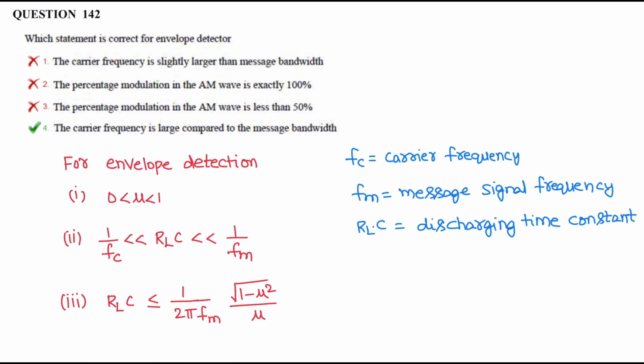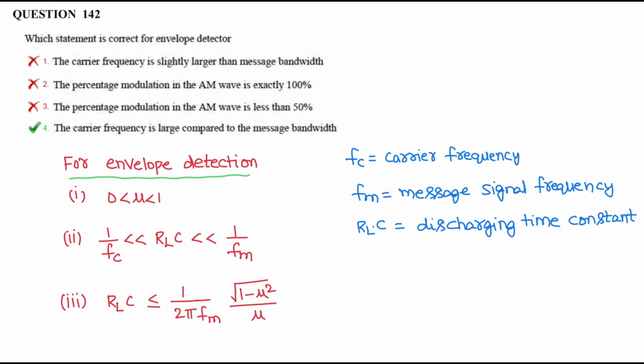Next question. Which statement is correct for envelope detector? For envelope detection, 0 less than mu less than 1, that is the modulation index should be less than 1, and 1 by the frequency of carrier signal far less than RLC discharging time constant, far less than 1 by the frequency of message signal.